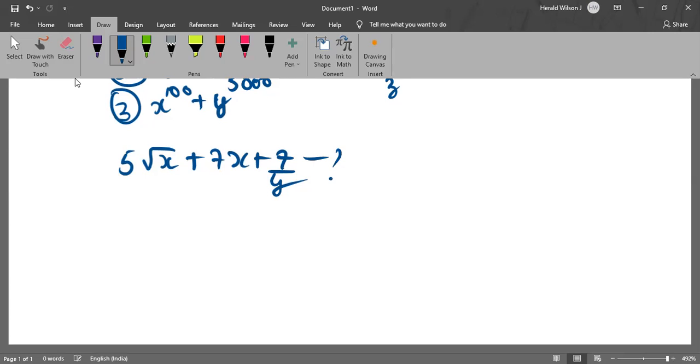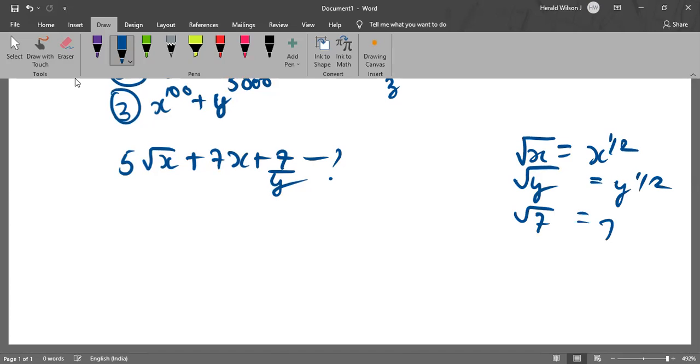See, any number or variable that you take as a root, suppose I take root x or root y or root 7, the root of whatever variable or constant is inside will be written as x raised to half. Here it will be y raised to half, and for 7 it will be 7 raised to half. So this root will become half here.